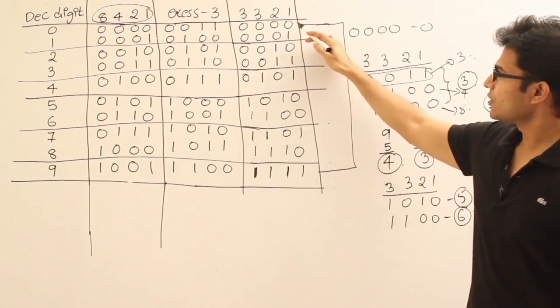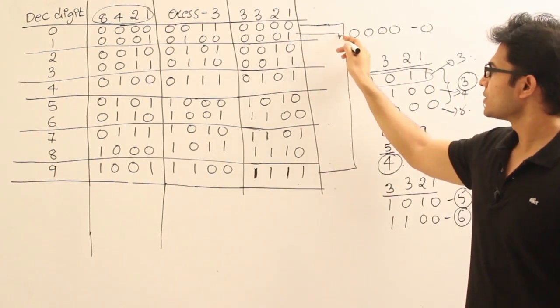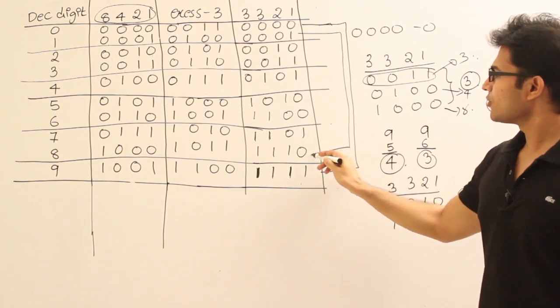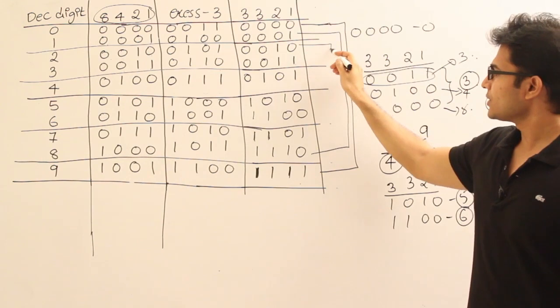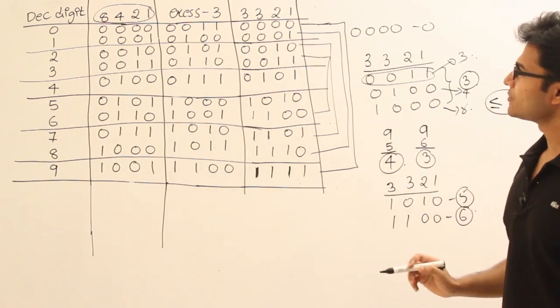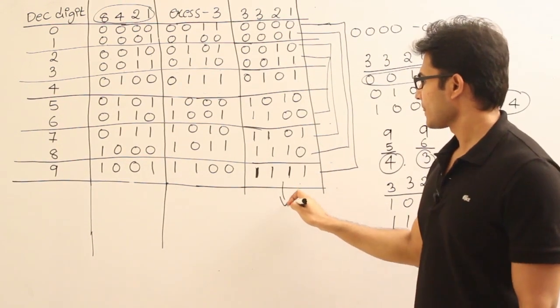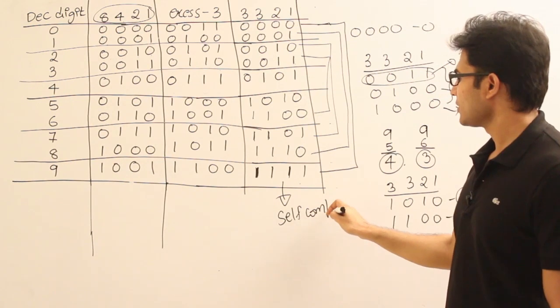True. If you take the 1's complement, you get this. What is the 9's complement of 1? 8. And if you take the 1's complement, you get this. Check these two. Similarly, you can check these two. That is why this one is self-complementing.